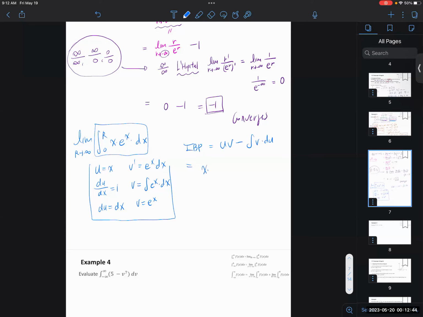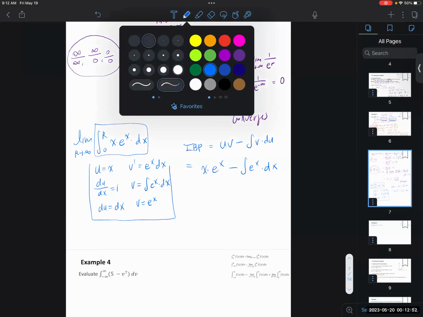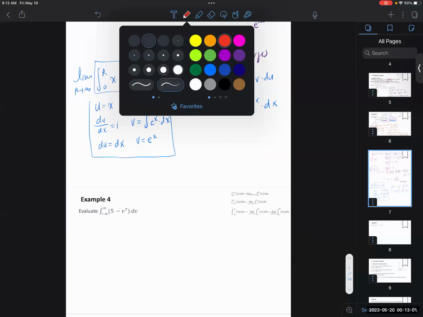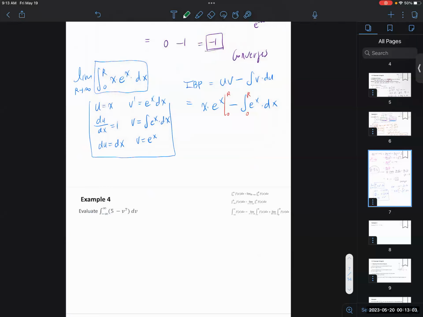So we have everything there. u times v, x times e to the x, minus integral e to the x dx, since du is dx. And don't forget the 0 to r everywhere, right? So let's take a look at that. So what happened? It is going to be capital R e to the r minus 0, because everything is 0 for the second one.